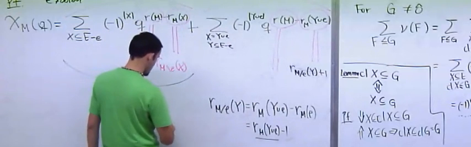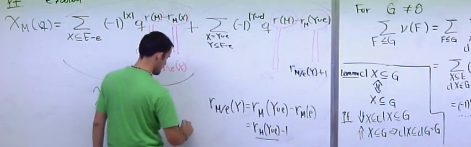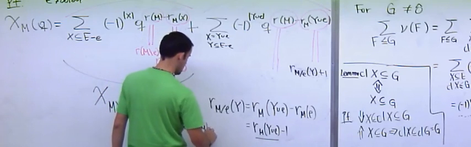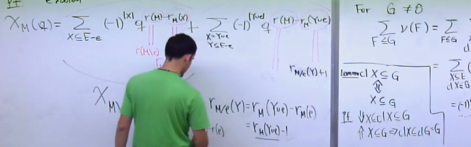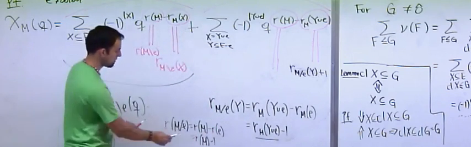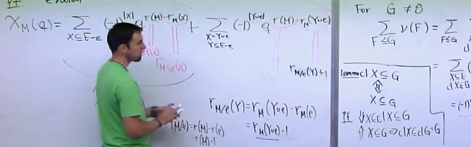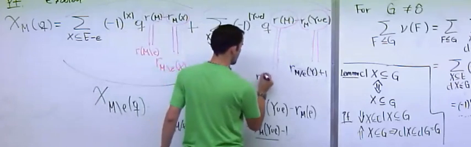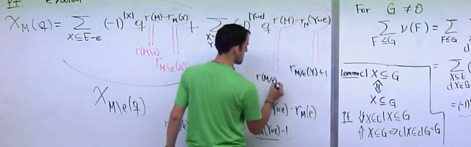And the rank of a contraction is equal to the rank of M minus the rank of e, which is the rank of M minus 1. So that means that rank of M equals rank of the contraction plus 1.